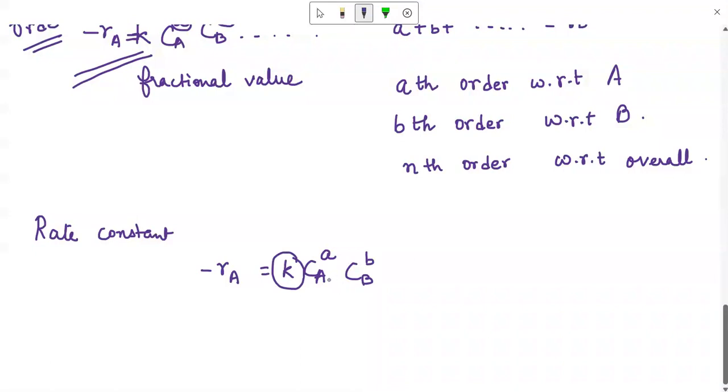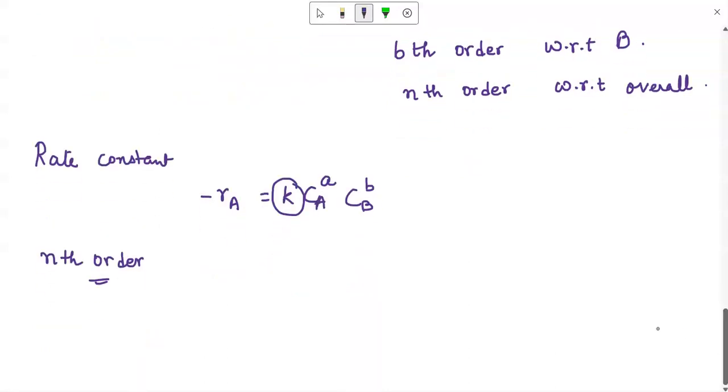And say if you have an nth order reaction, if you want to find the units of your rate constant, you can use this formulation: it is time inverse and concentration raised to the power 1 minus n.